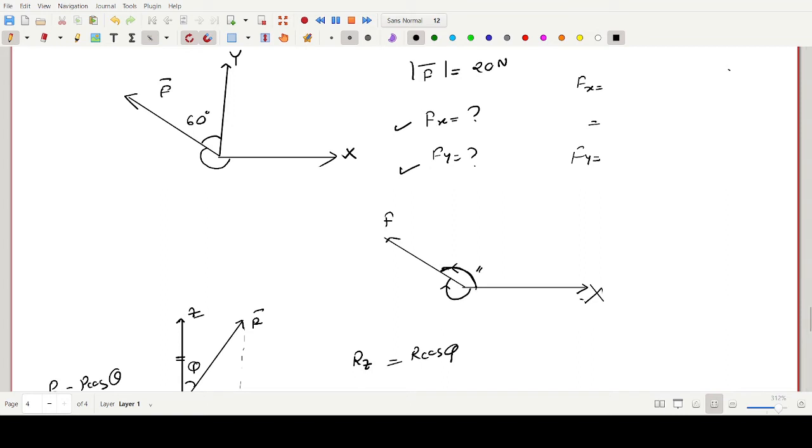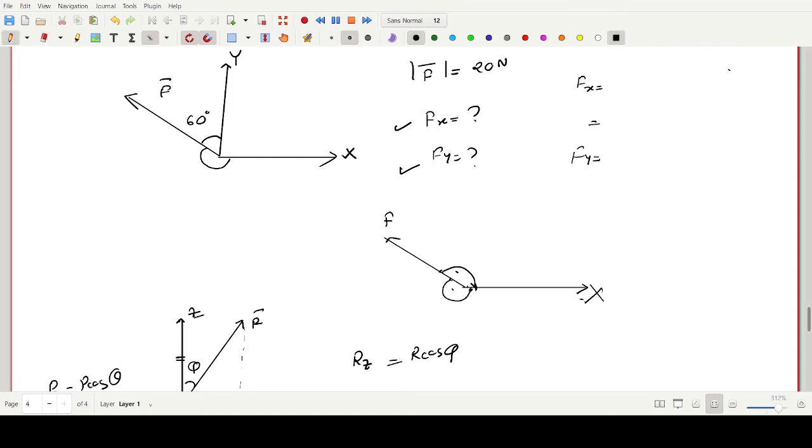We start from the vector on which we want to calculate the component, and we go to f. This is the anti-clockwise and this is the clockwise angle. So we will take the anti-clockwise angle to calculate the component.